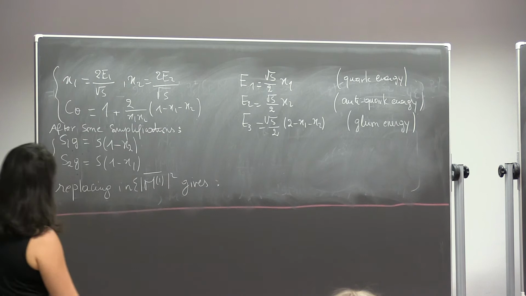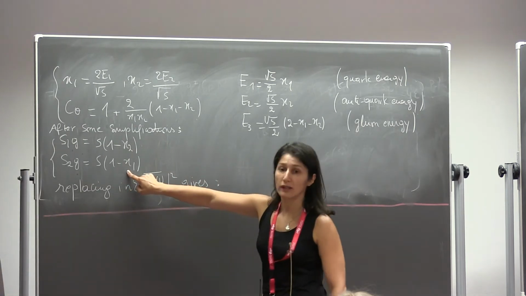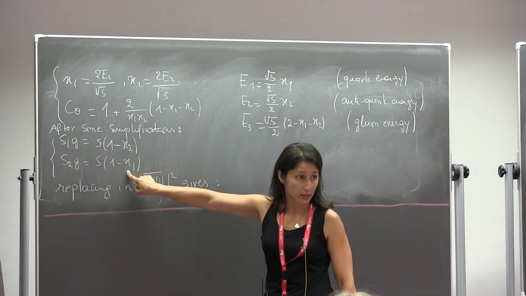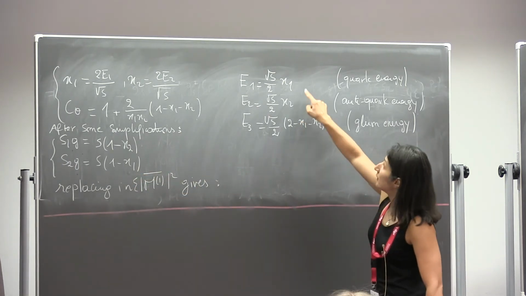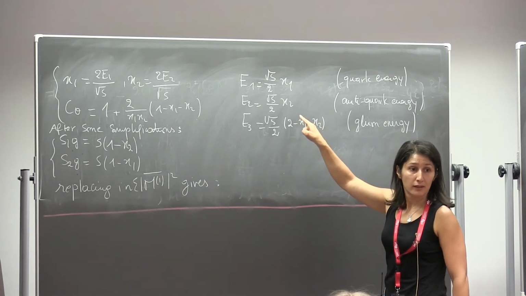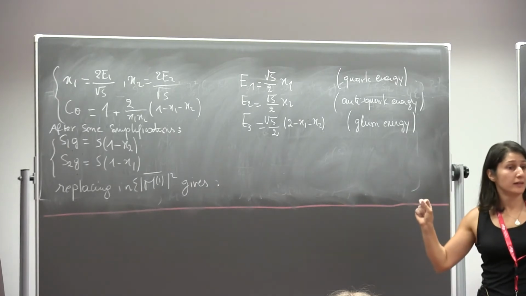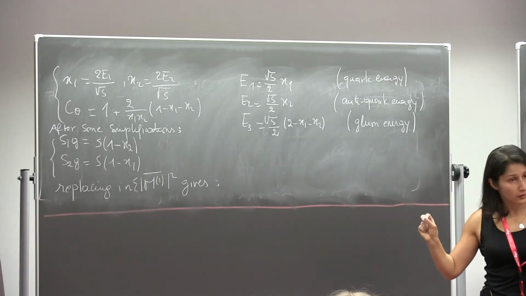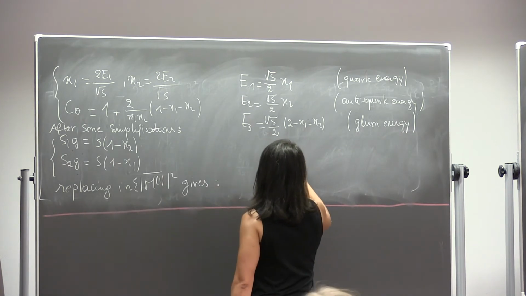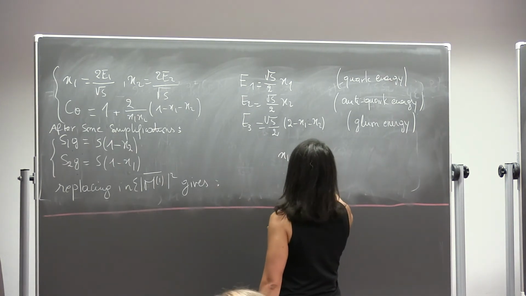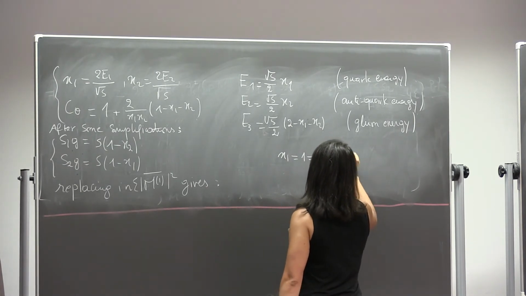So, when x1 equals 1, S2G vanishes. Okay? However, the energy does not vanish. So what kind of singularity do we have here? Collinear singularity. So x1 equals 1 implies S2G equals 0.